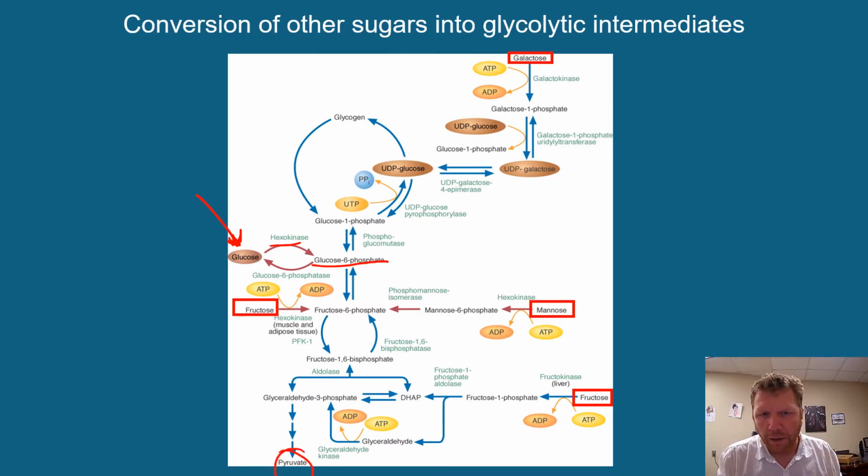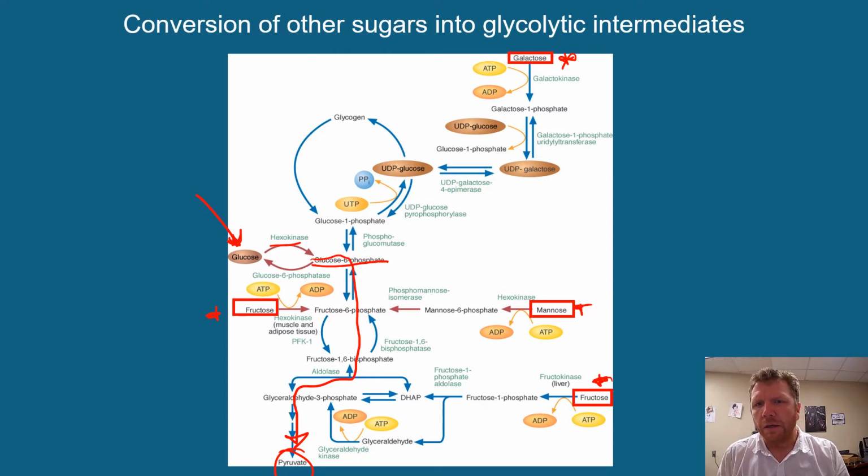So basically glycolysis is, I'm drawing my arrow all the way down there. Some other sugars can ultimately get there, for instance, galactose, fructose, and mannose. They can get to glycolysis, but it might take a couple of different steps.